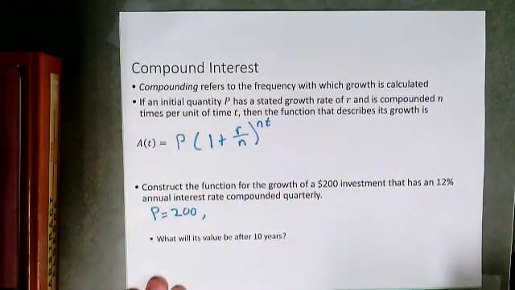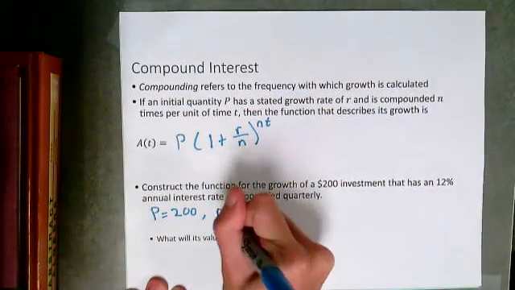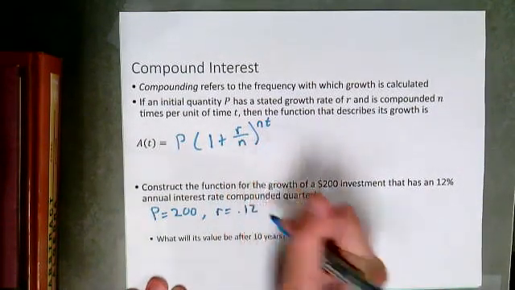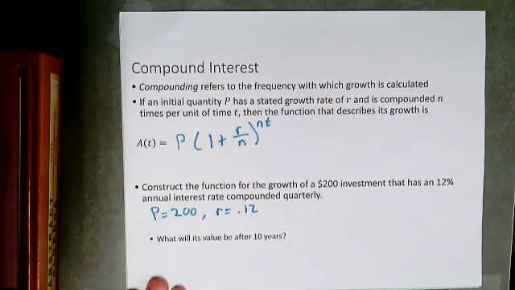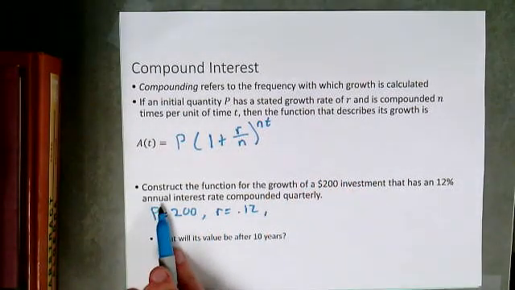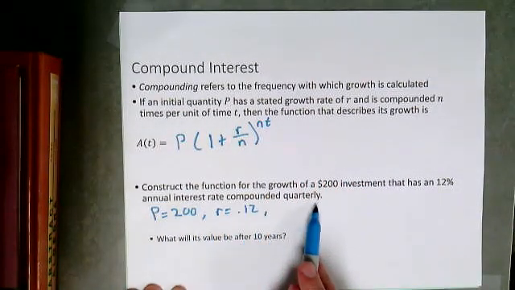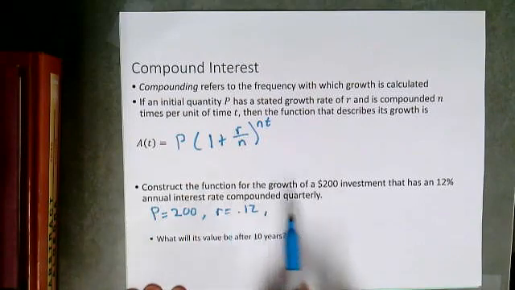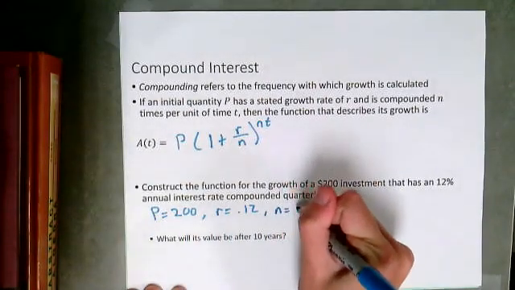It then says a rate of 12%, so r is going to be 0.12, right? Convert that percentage into decimal form. And n: the interest is compounded quarterly, so n is equal to 4.